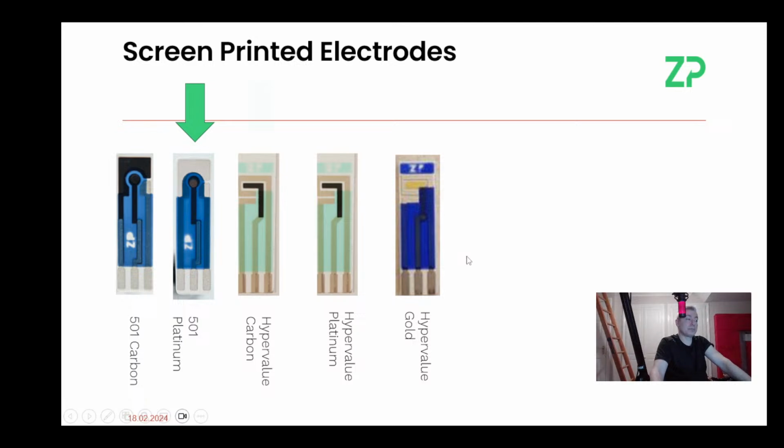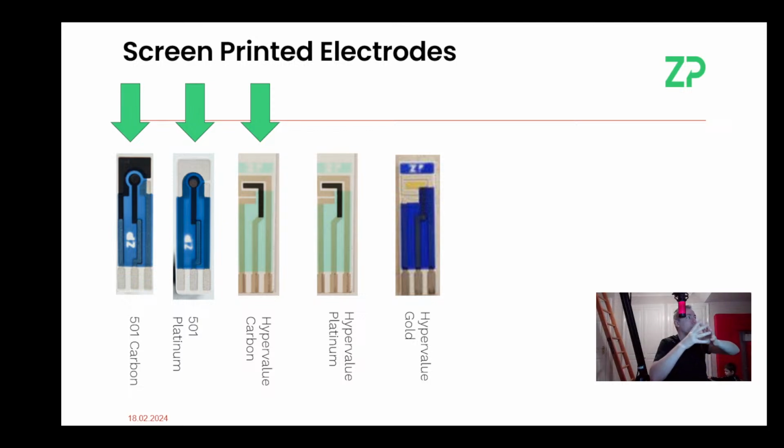If you're interested in these screen printed electrodes, just as a side note, if anyone is developing an IVD, an in vitro diagnostic, if you can go for carbon rather than platinum, you're doing yourself a really big favor. Platinum and gold is just so astronomically expensive these days. We buy these little pots of, let's say, platinum and gold paste.